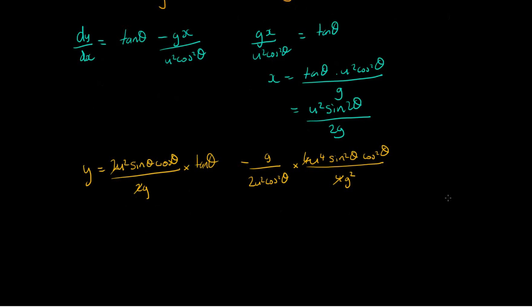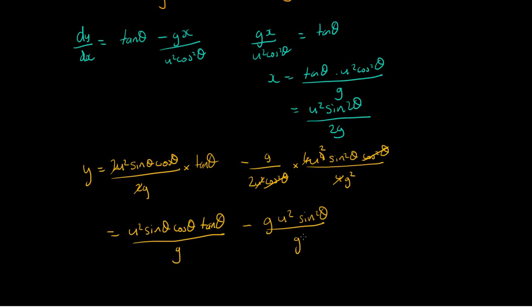And then if we just write this out again neatly now, on the left hand side we have u squared sine theta cos theta tan theta divided by g. And if we deal with the right hand side, we have cos squared theta here, and that's going to cancel with the cos squared theta here. We have u squared here, so that's going to cancel with the u to the 4th power to give u to the 2nd power. So this ends up being minus g u squared sine squared theta divided by g squared.